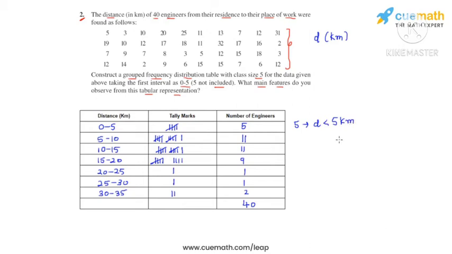Now, there is a majority of engineers, a total of 36 engineers, for whom the distance D is less than 20 kilometers. And then finally, there are 4 engineers for whom the distance D is equal to or greater than 20 kilometers. So these are the main features that we observe from the table.